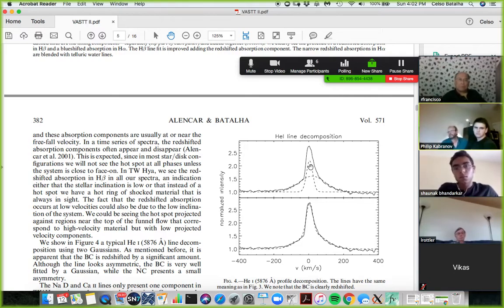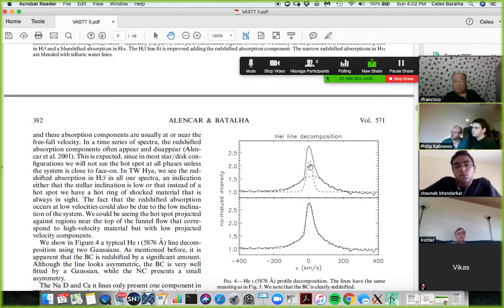It's not formed by the star itself because the star doesn't have enough energy to create this emission, but it has to be related to, in fact, that has to be determined, but I would expect this emission is associated with the accretion somehow.